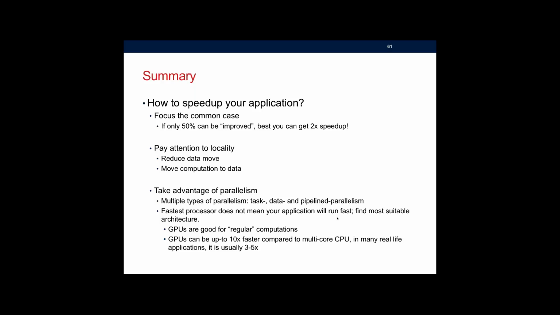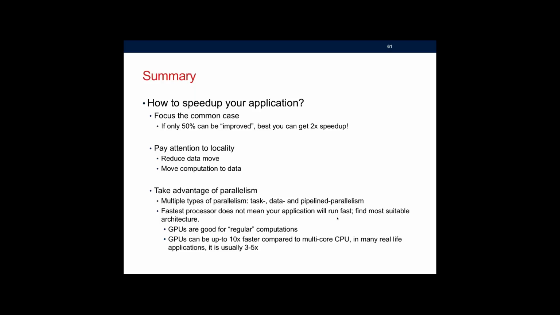But what I'm hoping is that this lecture gave you an overview when you think about your application: what are the places that you need to look at to make your application faster, and this will be a starting point for discussion with your computer science colleagues. So again, just quickly, the three things.